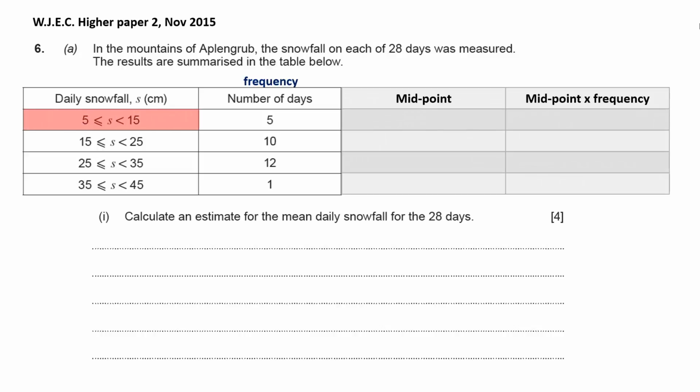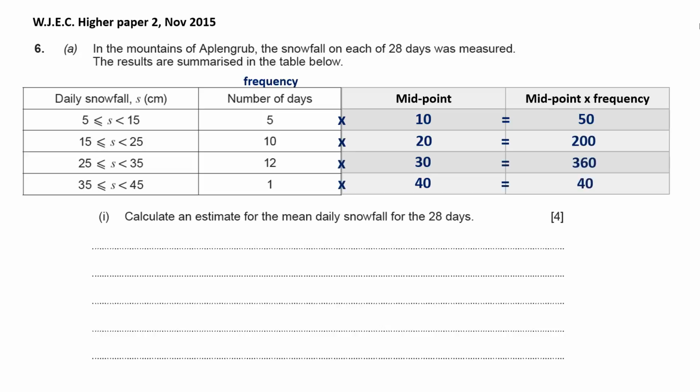So 5 to 15. 5 and 15 is 20, divided by 2 is 10. There we go, the next midpoint, and the next one, and the midpoint of that one. And then what do we do? Midpoint times frequency, 5 10s, 50. Notice the numbers are a lot easier on this than on the previous examples we had. 10 times 20 is 200, 12 30s is 360, 140.